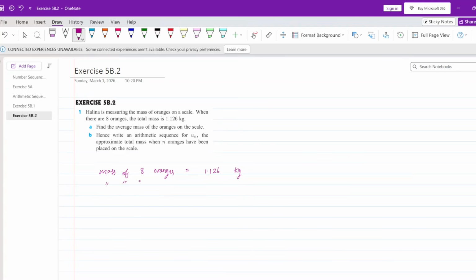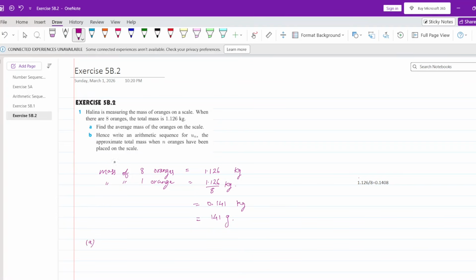So the mass of 1 orange is going to be 1.126 divided by 8 kg, and that is going to be 0.141 kg, or simply 141 grams.